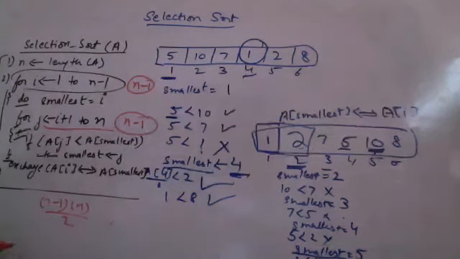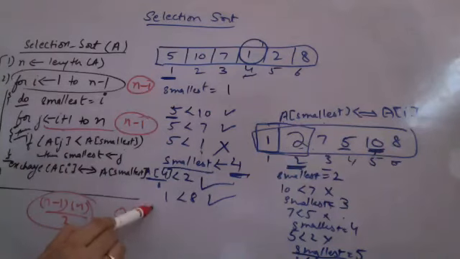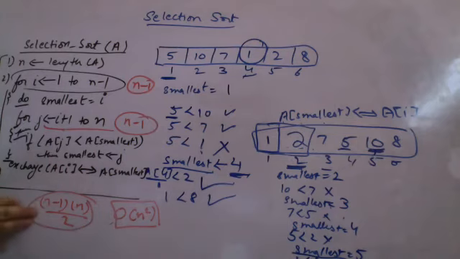This is how many times the loop is going to run for all the outer iterations. So the complexity is coming out to be of the order n square. Or if you don't want to do it like this, it is simply a nested loop, you multiply the complexity. So n minus 1 whole square is also of the order n square, which is the worst case or even average case complexity of selection sort.